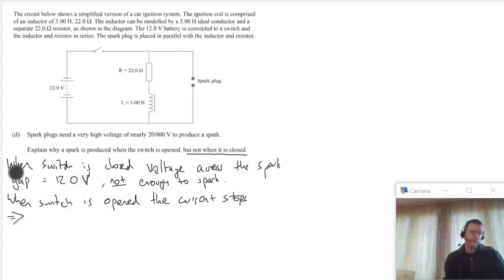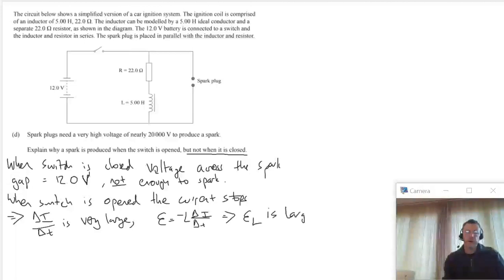Therefore, and this is the important thing, delta I over delta T is very large, and the EMF equals negative L times delta I over delta T. Therefore, the EMF from the inductor is large. Okay, so that's crucial. So we can get a large voltage out of the inductor.